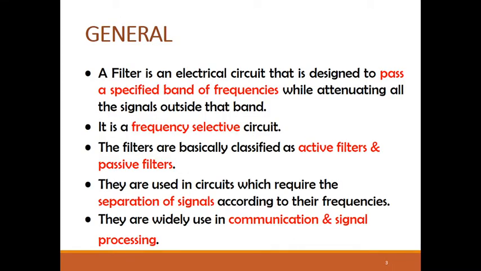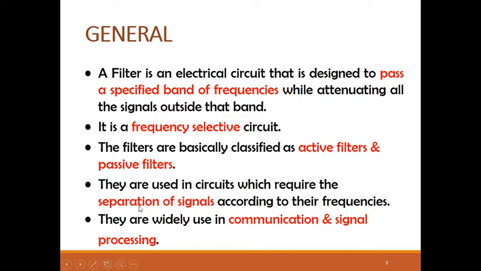Generally, a filter is an electric circuit that is designed to pass a specific band of frequencies, and it may be used for selective circuits. It is classified as active and passive filters.